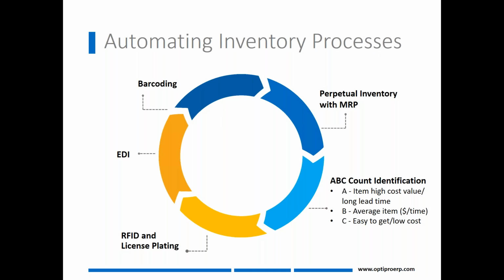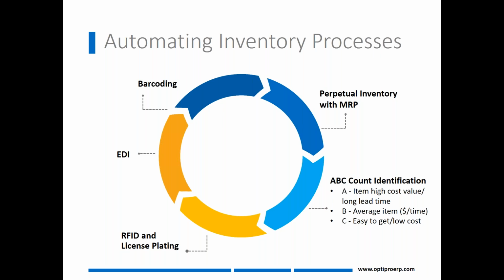A further evolution of that is license plating, where on a pallet you can have multiple parts and multiple counts. And again, by moving it through a gantry, you're able to count them and automate the transactions. EDI is a way of automating the inbounds and outbounds of your inventories and finished goods.